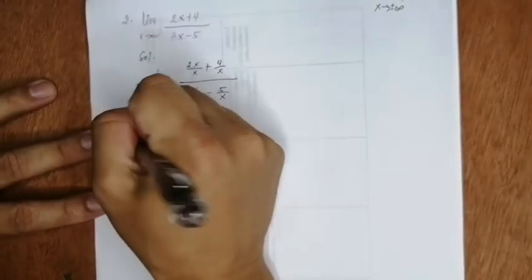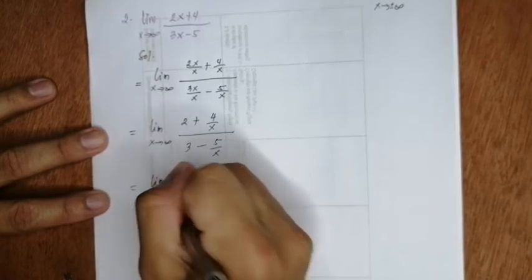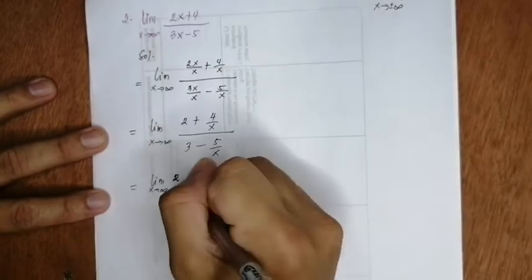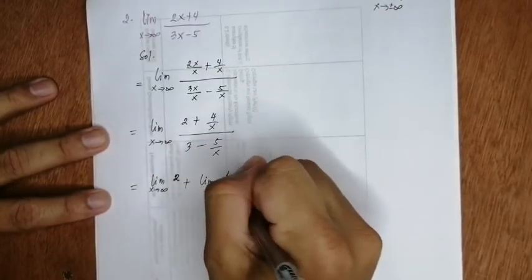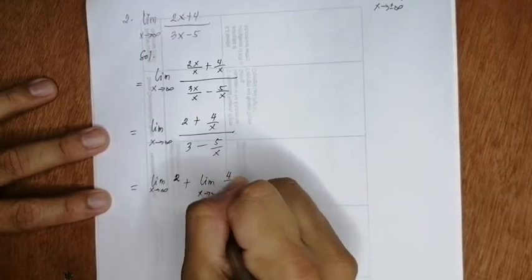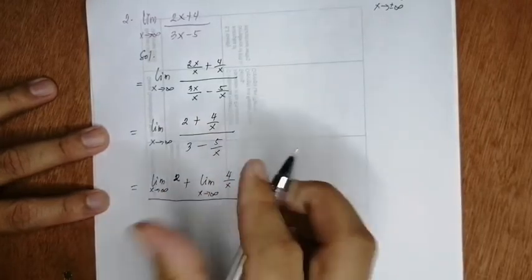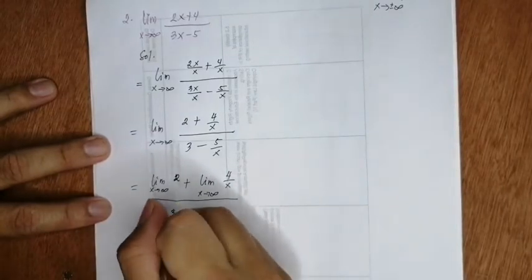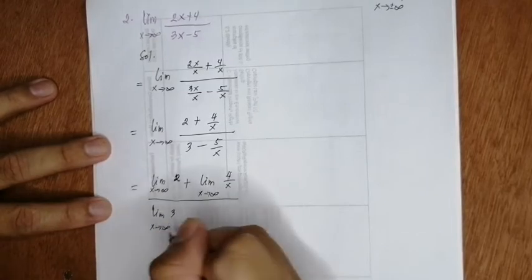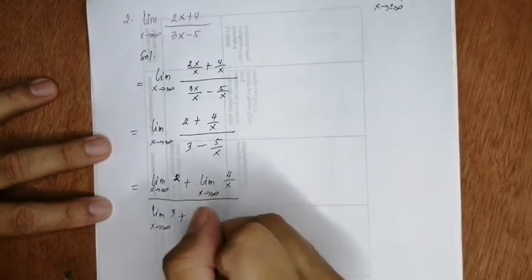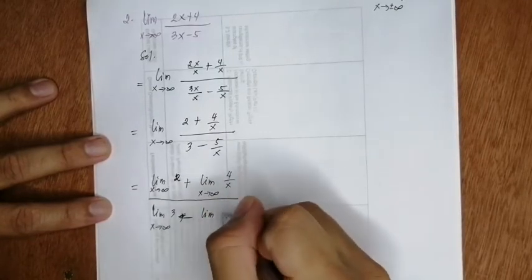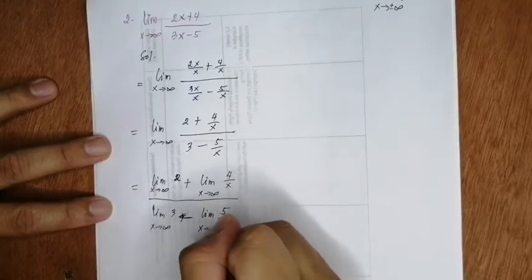So, this will become limit of 2 as x approaches infinity plus limit of 4 over x as x approaches infinity all over limit of 3 as x approaches infinity plus, this is minus, limit of 5 over x as x approaches infinity.